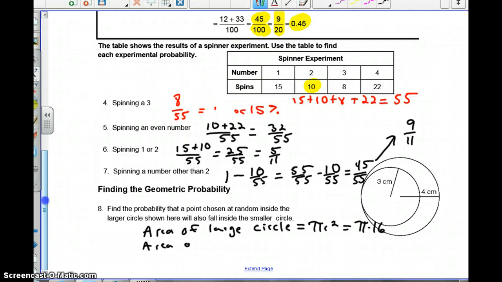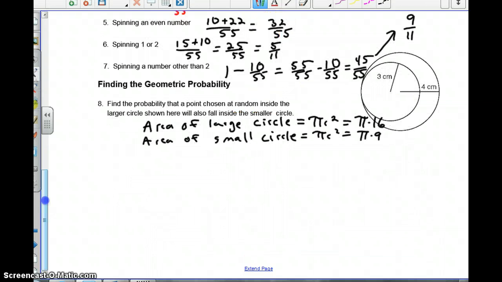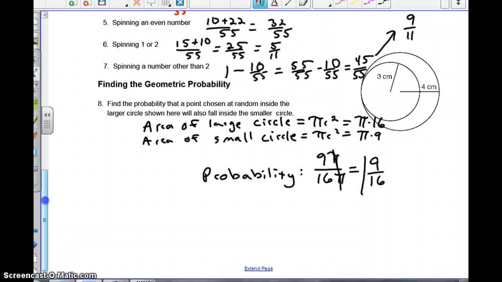The area of the small circle is pi r squared, which is pi times 9. And so if I want to find the probability I would take the area of the small circle over the area of the large circle, and I could reduce the pies and just get 9/16.